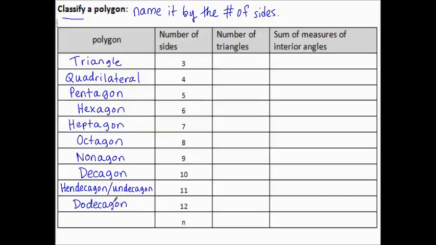So 2 sides added to a decagon, kind of like how 11 is hendecagon. Hen is a prefix for 1. Un is a prefix for 1. Anything bigger than 12, we really just name it by the number dash gon. So I'm going to say n for any number and then dash gon. That's how we name it for anything above 12.